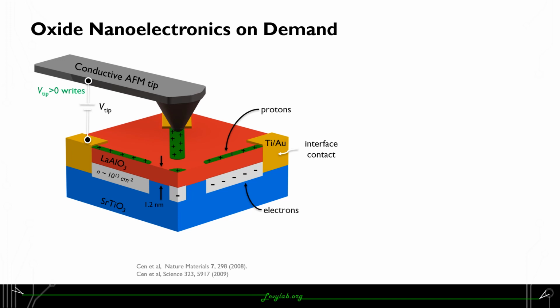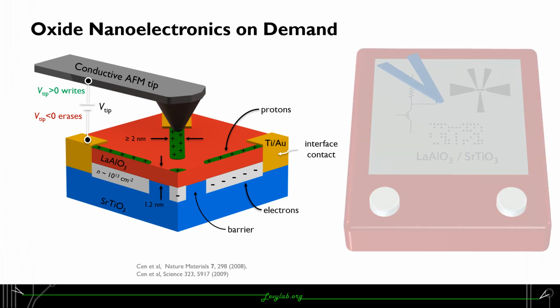However, by dragging an AFM tip with a positive voltage on the surface, we can create a top gate on the LAO which tunes the LAO-STO interface. This technique is highly precise, allowing us to create nanowires up to 2 nanometers thick, and we can create nanodevices by erasing certain points in these nanowires by applying a negative voltage.